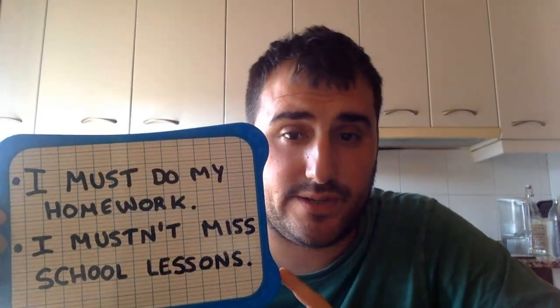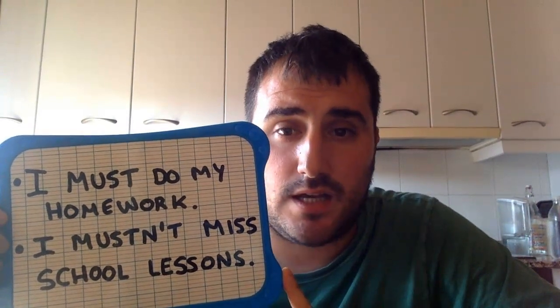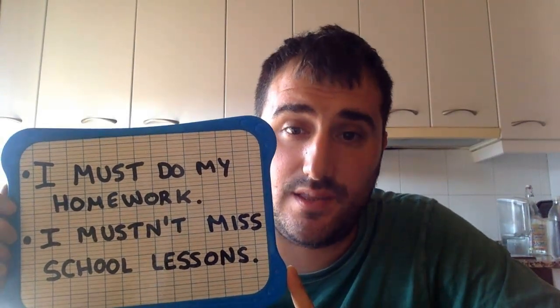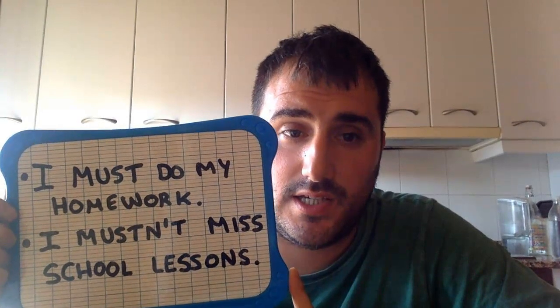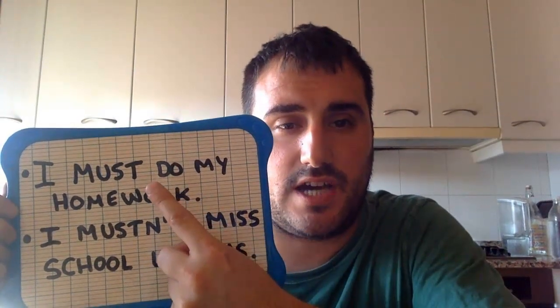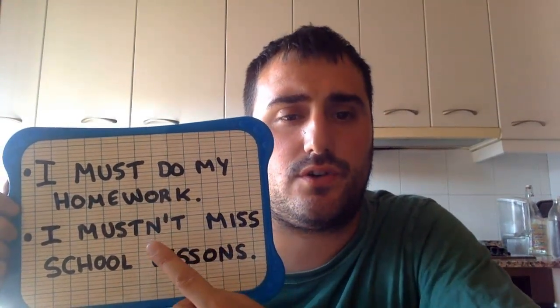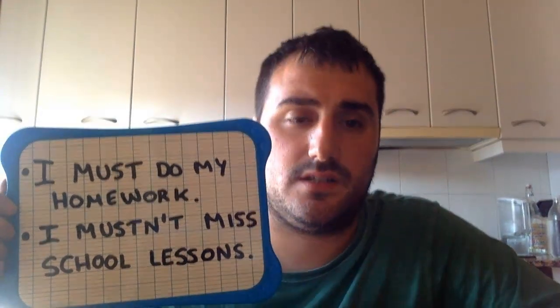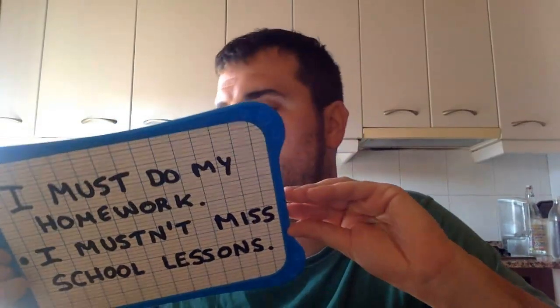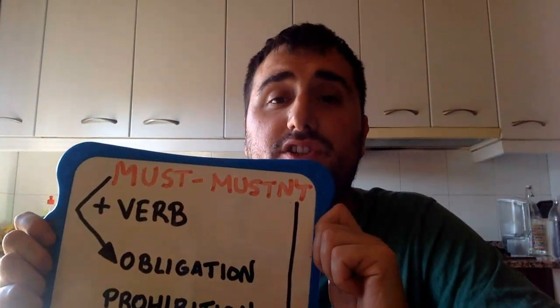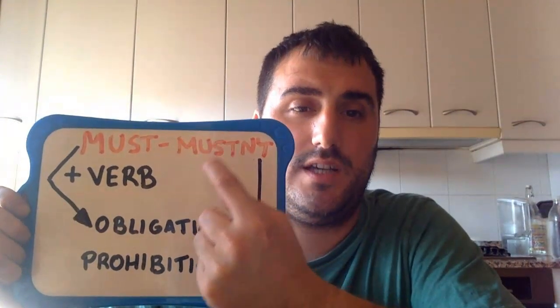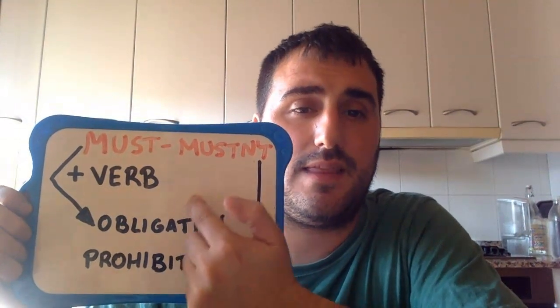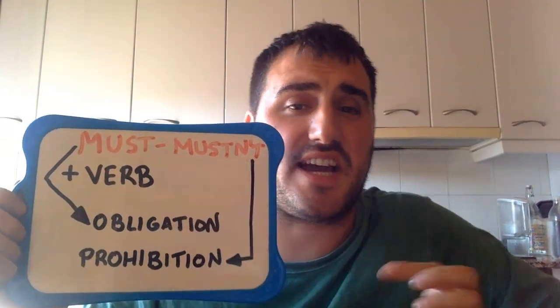We prepare them online and you work at home, but still these are school lessons. So you've got the obligation, I must do my homework, and then you have the prohibition, I mustn't miss my school lessons. Perfect. Remember, we always use the modal verb, in this case must or mustn't, and the verb. The verb indicates the action.